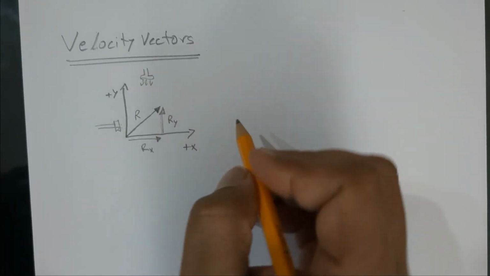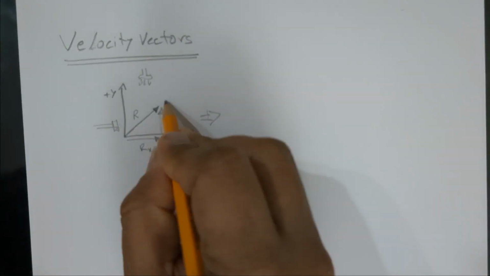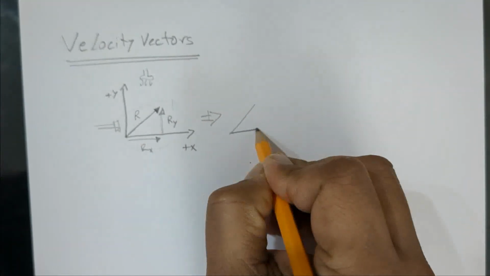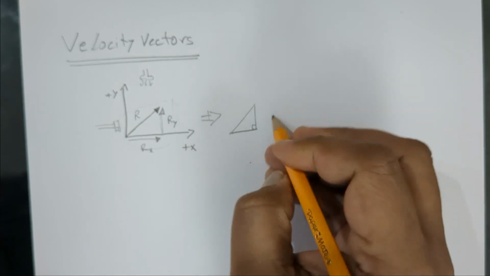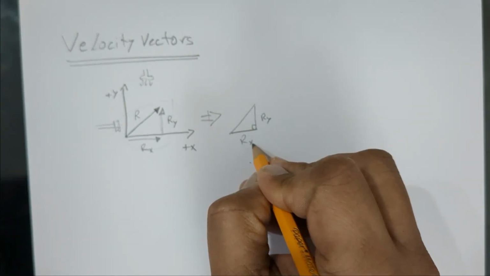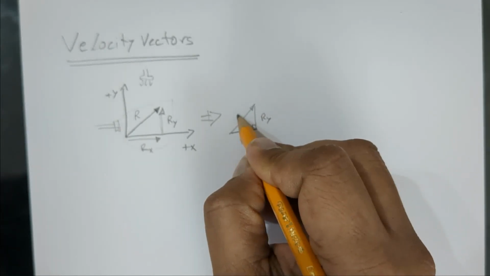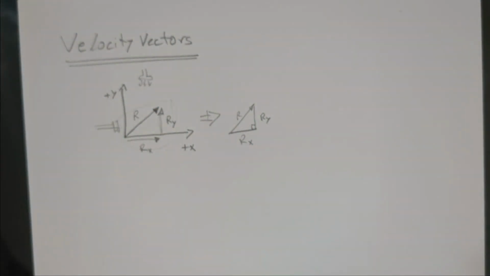Now, if you make it simple, if you look at this system right here, it is nothing more than just a right triangle. So you have a right angle here, you have the y component, you have the x component here, and then you have the resultant here. All right, so this is the basics.